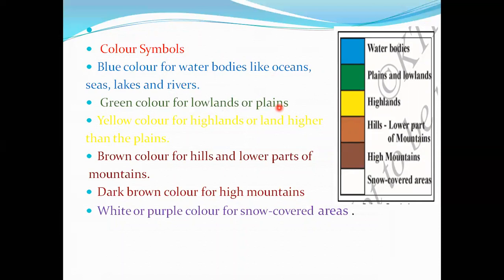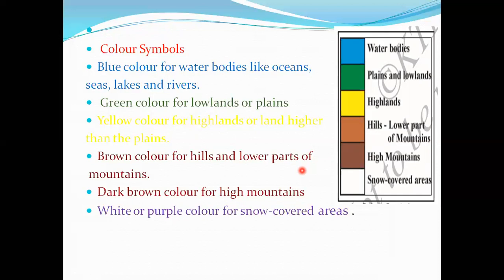Yellow color shows highlands, which are land higher than the plains. Next, brown color shows the lower part of the mountain. Dark brown color shows high mountains.